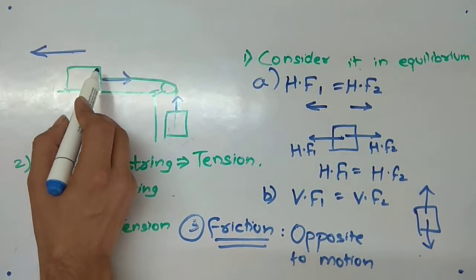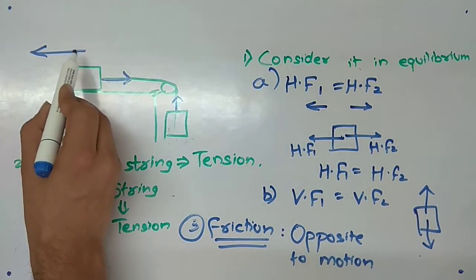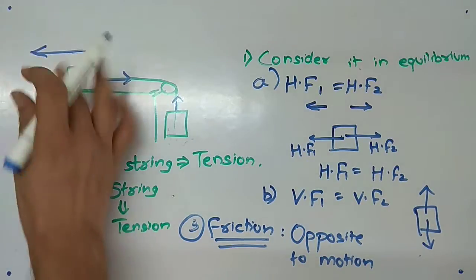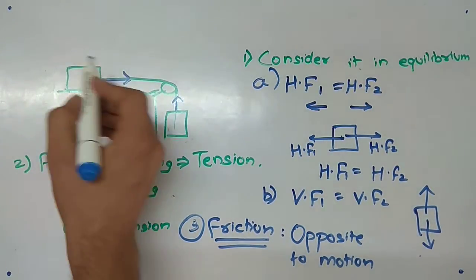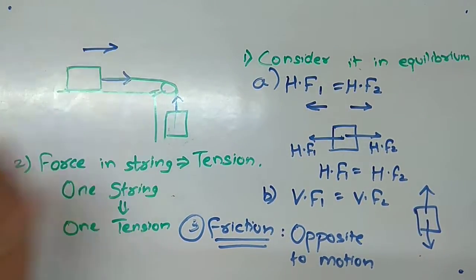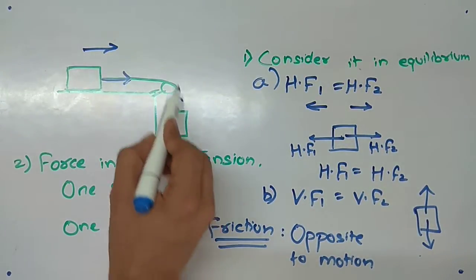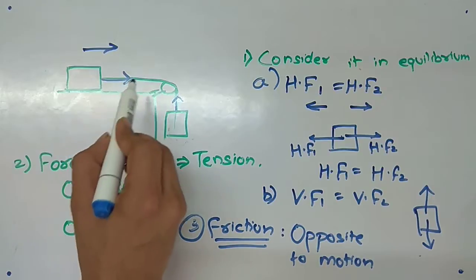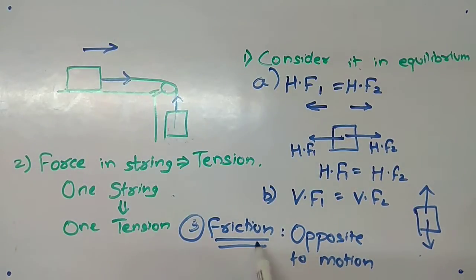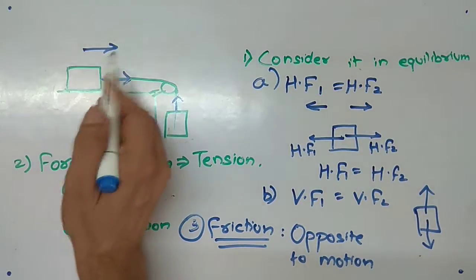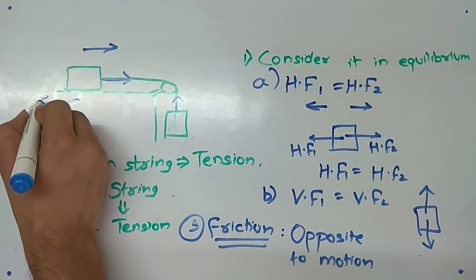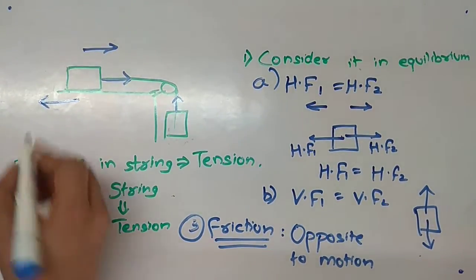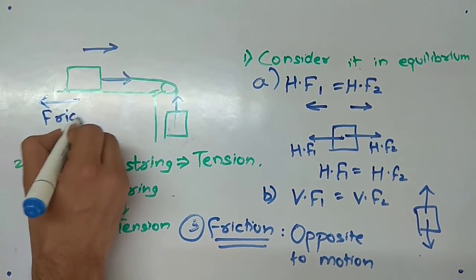So again, just consider this one. If the object is moving in this direction, now we will take a realistic case. If the object is moving in the forward direction, the direction of tension is not going to change, because we have already said that the tension direction is always away from the object. Now how to say about the friction? If the object is moving forward, this friction will always act in the opposite direction. This is our frictional force.